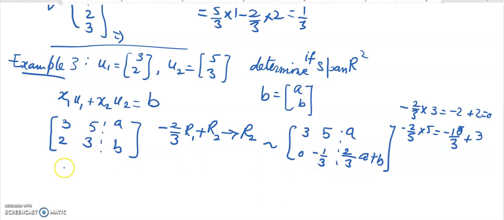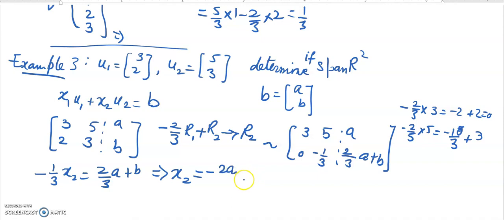So now we can see that minus 1 by 3 x2 is equal to minus 2 by 3 a plus b. So we can represent x2 in terms of a and b.